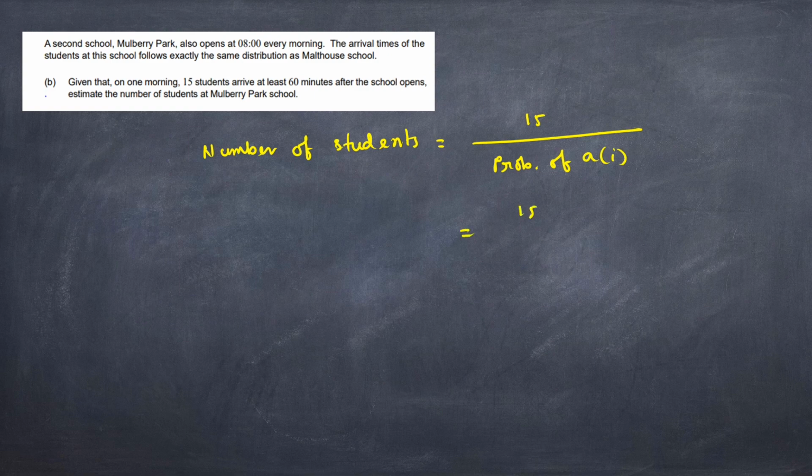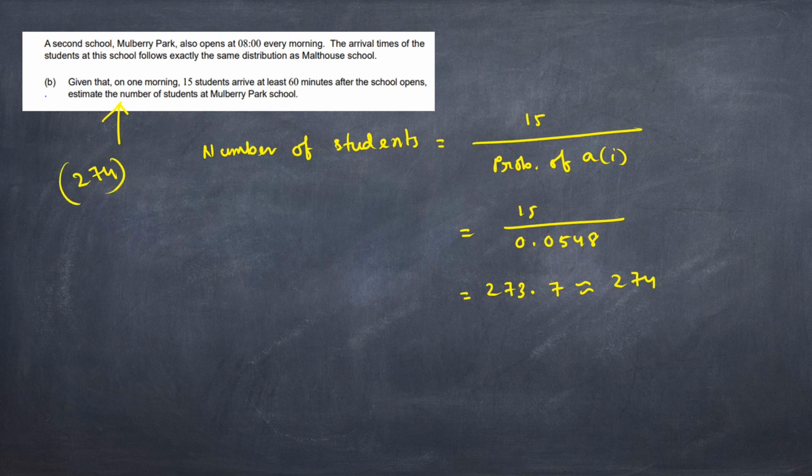So it will be 15 divided by the first answer, which was 0.0548. After calculating this, you will get the answer to be 273.7. If you approximate that, because a decimal value cannot be the answer for students, it is 274. So the answer to this question is, for the second school, the number of students is 274.